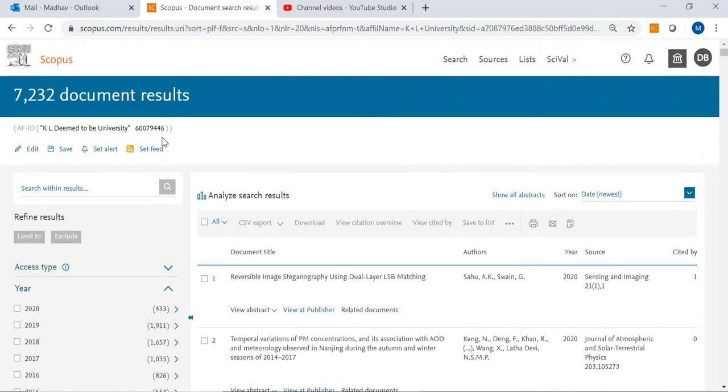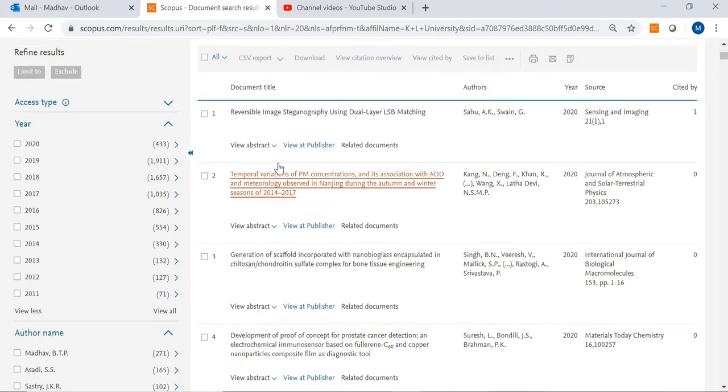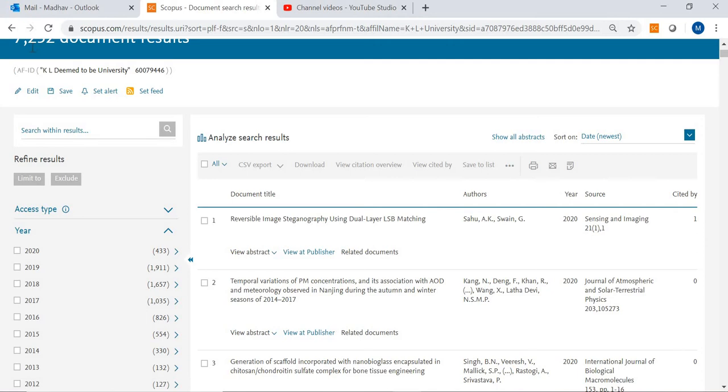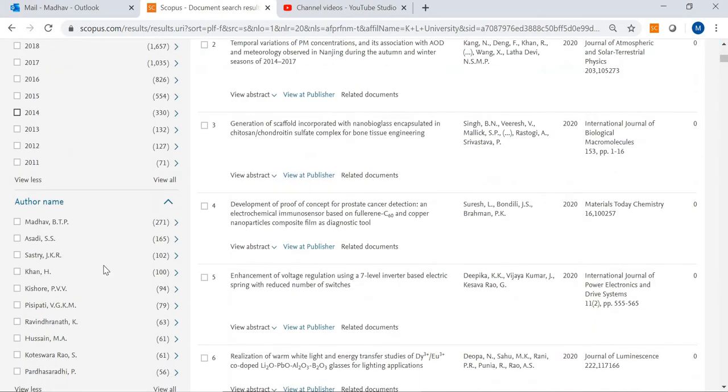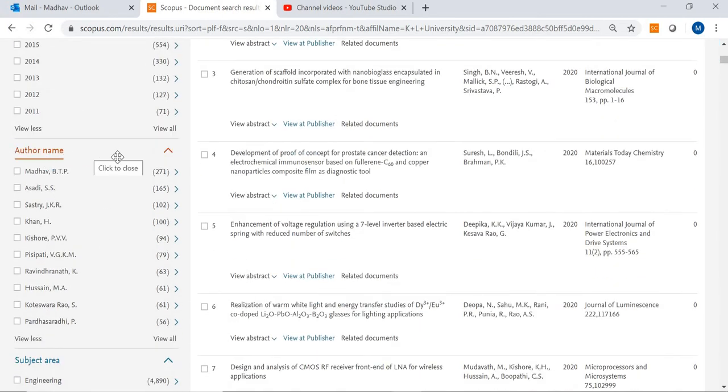If you look at this window, it shows the total number of publications, 7232, from KL University. Out of these, in 2020 430 papers are published, in 2019 1911, and in 2018 1657. Like that, you can see year-wise statistics, as well as who is on top, who published more articles, in sequential order.